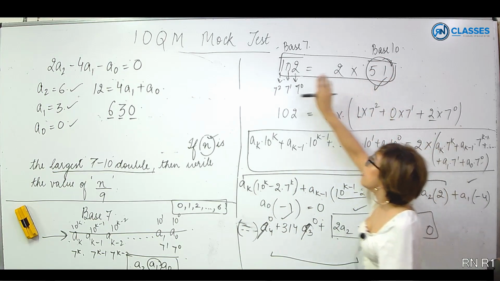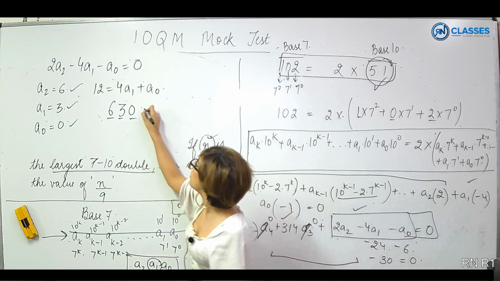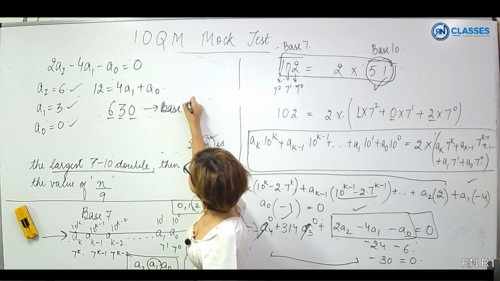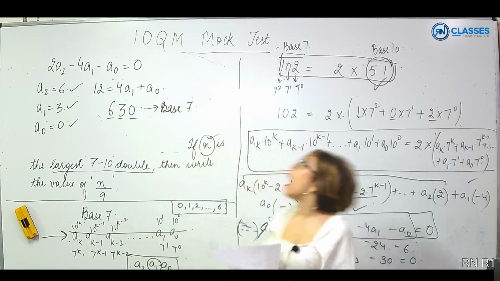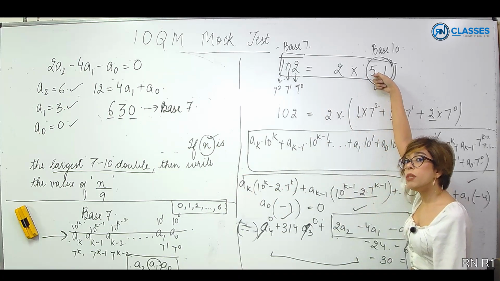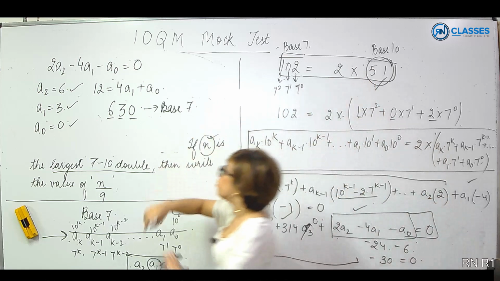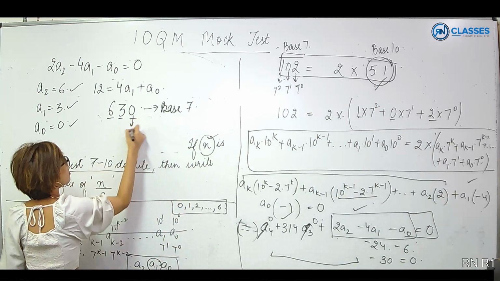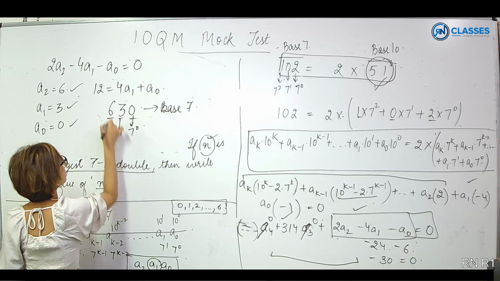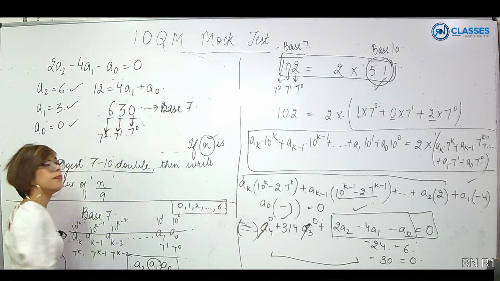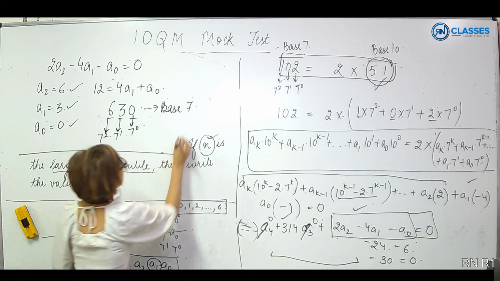So right now we have the number in base 7. But I call this number the 7-10 double, so I need to change this into the decimal system. How do I do that? Placeholder: 7 to the power 0, 7 to the power 1, 7 to the power 2.